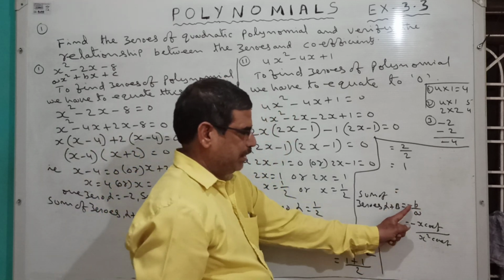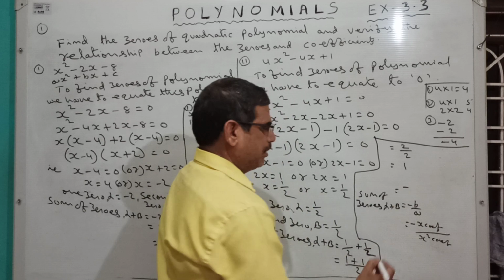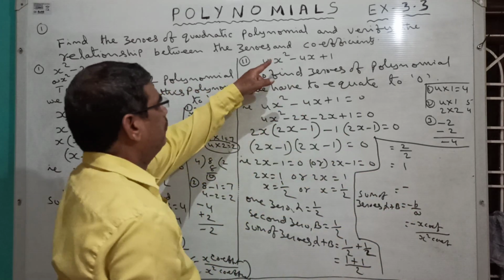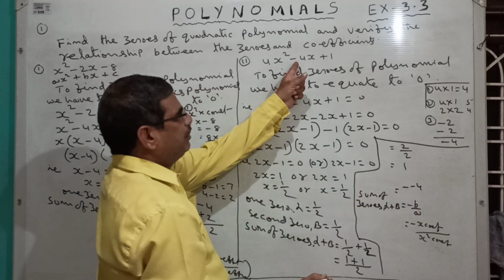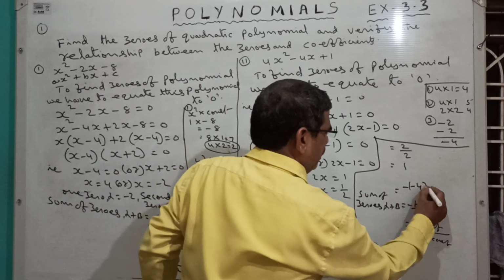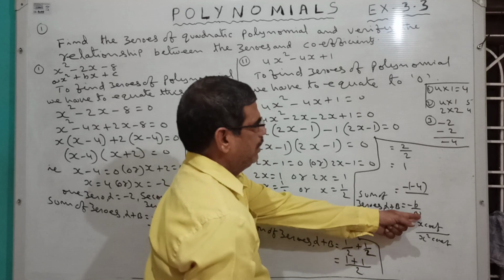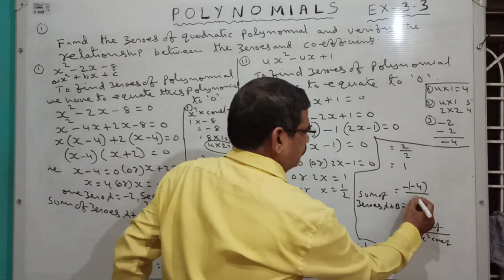So here put a minus symbol, then b value. What is the value of b? Minus 4. The value of b is minus 4, put it in a bracket, by a means 4.